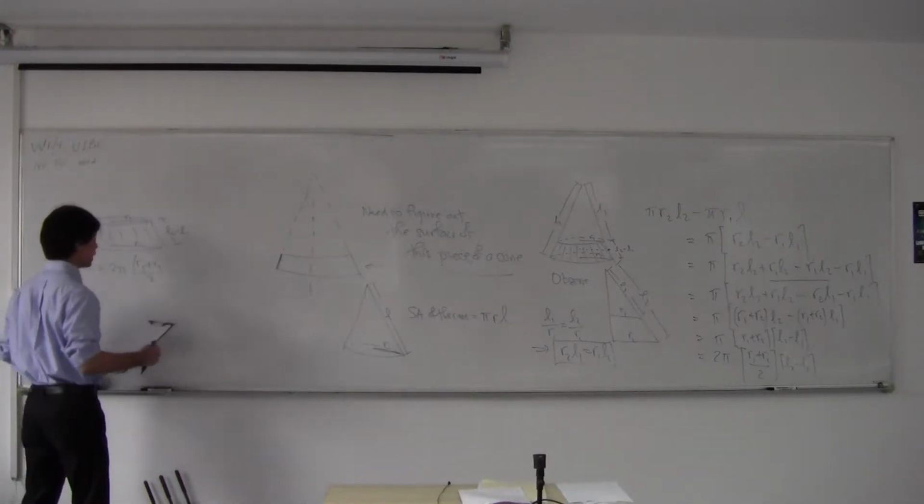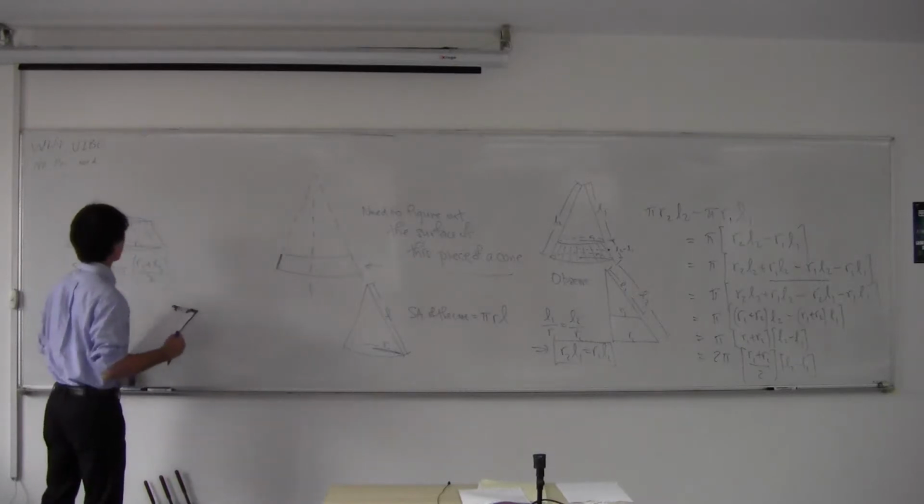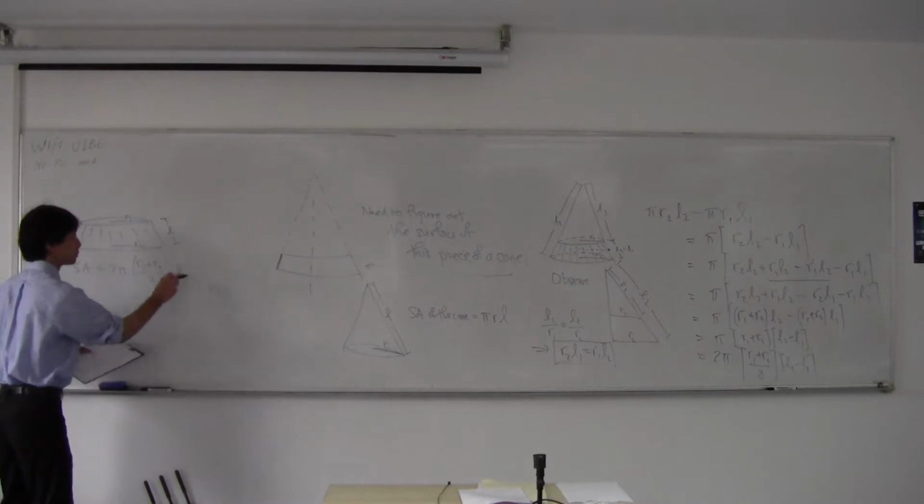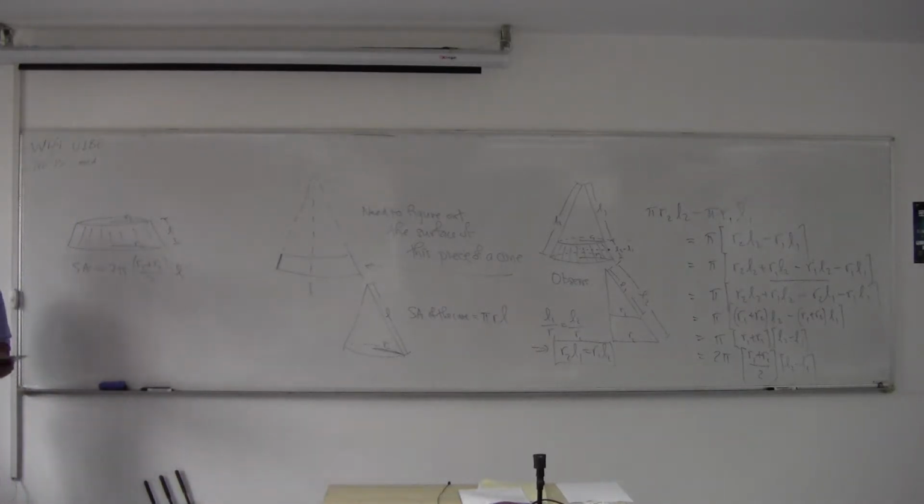I'm just going to call that length L. So 2 pi times the average radius times L.